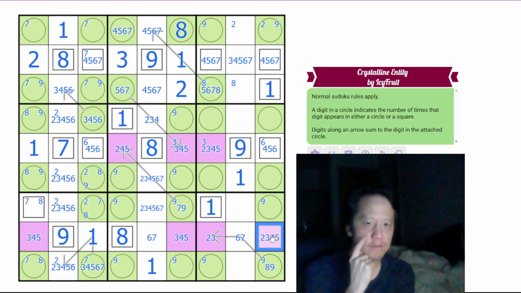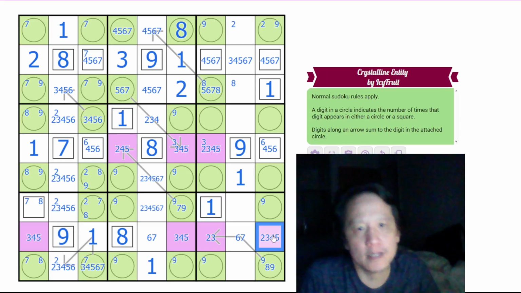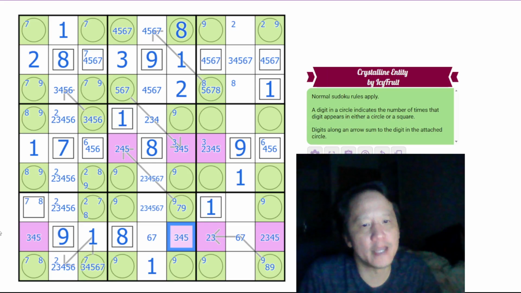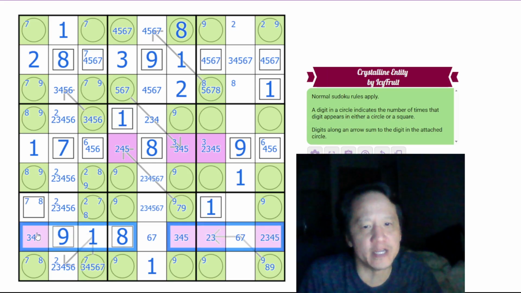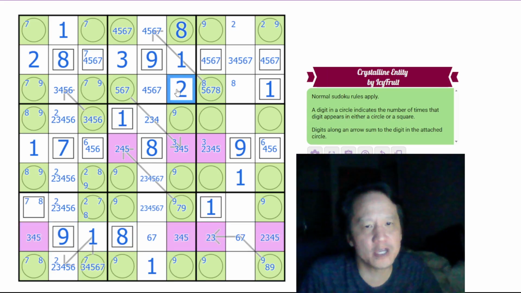Five can only be accounted for once. And it has to be in row 8. Because it's 2, 3, 4, and 5. 2 is accounted for twice already. We need 2 more, so one of those is a 2. 3 is accounted for 3 times in this set in row 8. So 5 has to be one of these.